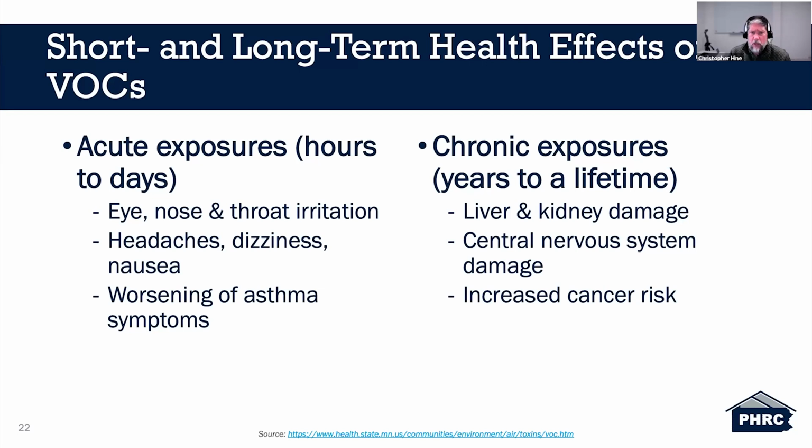So that's considered acute exposures, where it's a short-term effect, and once you leave the area of contamination, those reactions subside. Jumping over to chronic exposures, that's years to lifetime. And there we will talk about especially one, potentially two topics here today that fall into the chronic exposure line, right? Where you may not know for sure that you're being exposed to them. So years down the road, that's a chronic exposure, could lead to potential liver and kidney damage, central nervous system damage, and increased cancer risk.